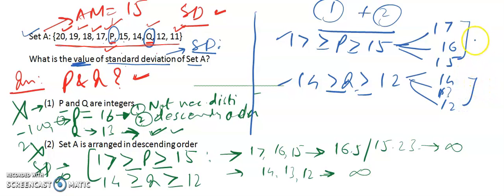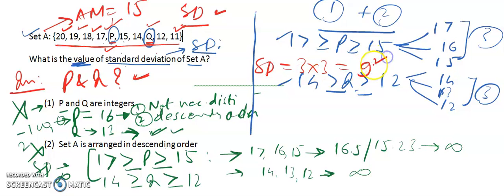Again, 3 possible values, so 3 here, 3 here. Total possible values of SD will be 3 into 3 equals 9. So even after combining both the statements, we cannot find the unique value of SD. So the correct answer is E.